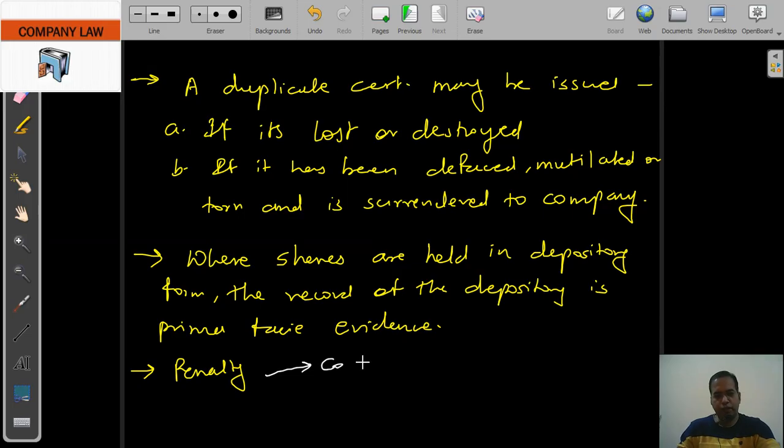First, the company shall be fined, up to 5 times, not up to, minimum 5 times to 10 times or rupees 10 crores.